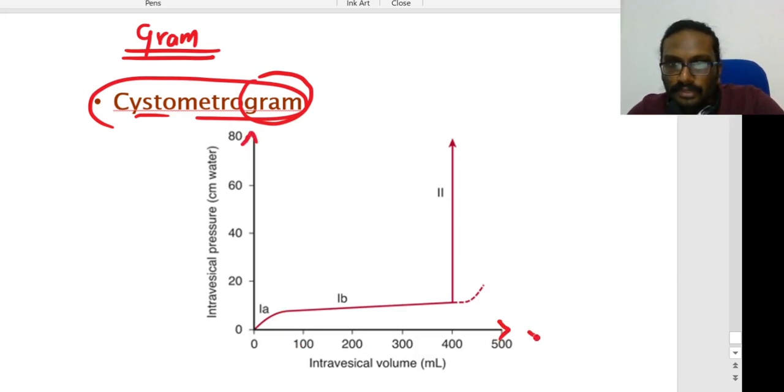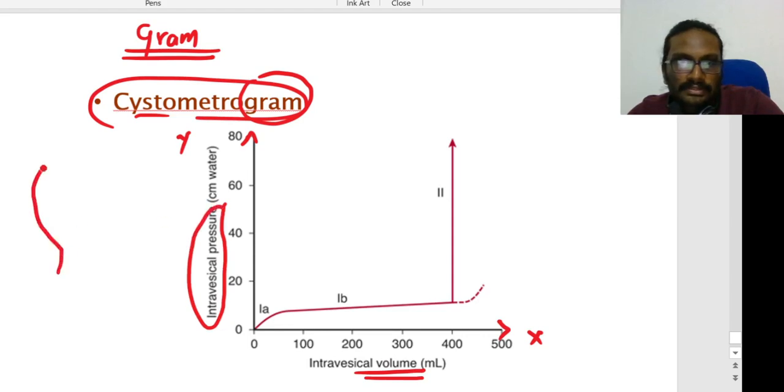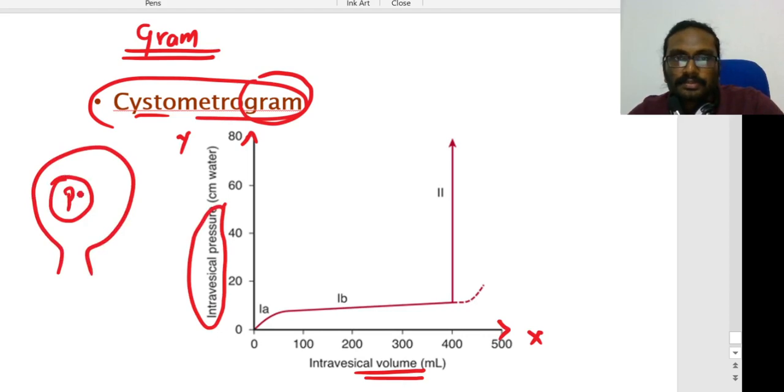You can see here we have the volume, and here we have the intravesicular pressure. What is the pressure inside the bladder? Pressure inside the bladder, this P is here, and the amount of urine that is filling inside the bladder is here.